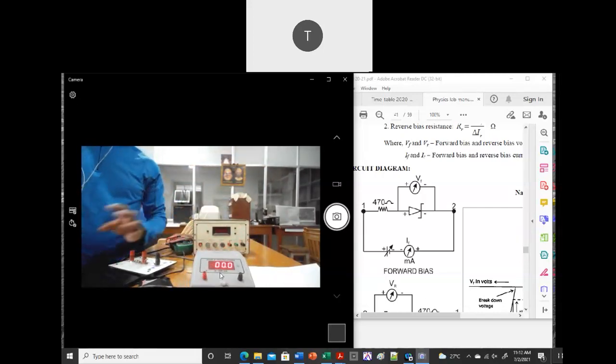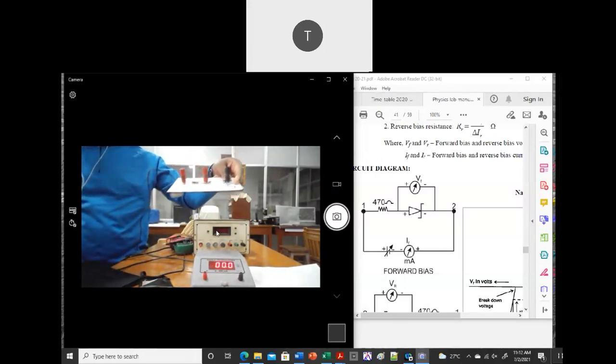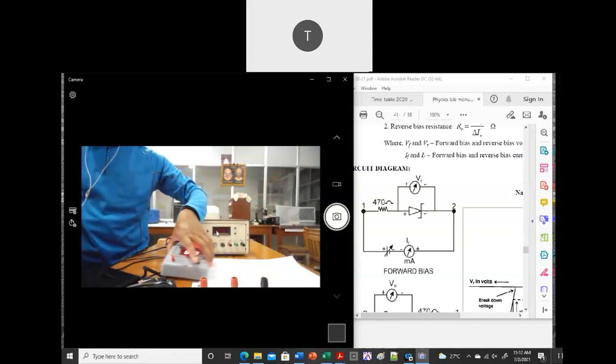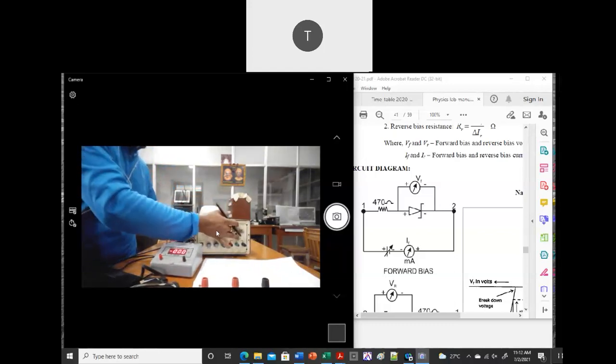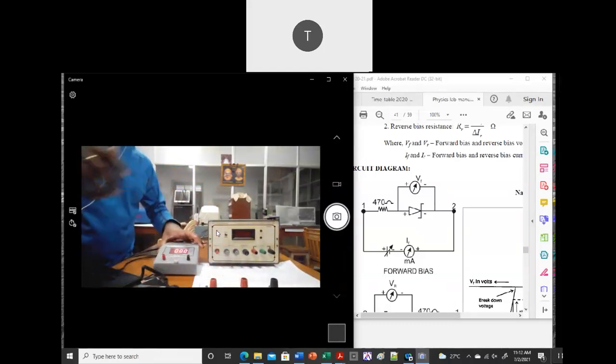So that is your digital ammeter, and then you have your power supply, and then we have the board. In this board, this is your starting point, and then we have this tubing. I will just write it, keep it as in your circuit diagram. So you have this 1 and 2.